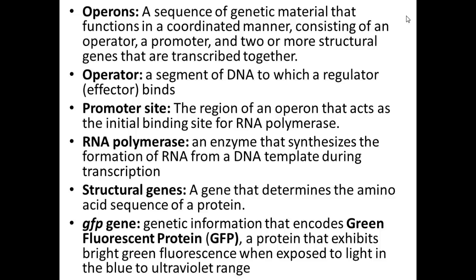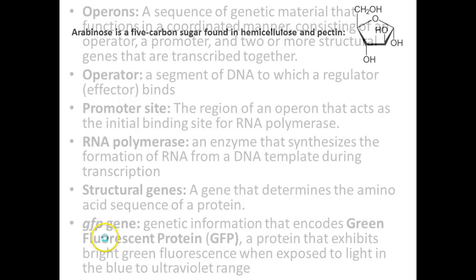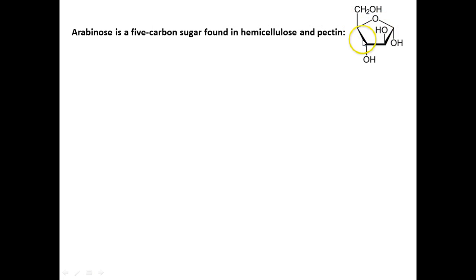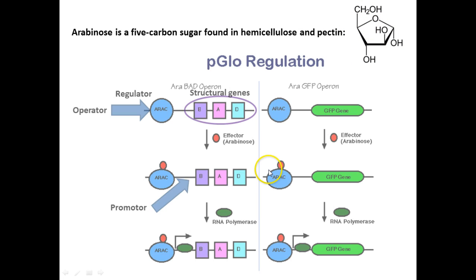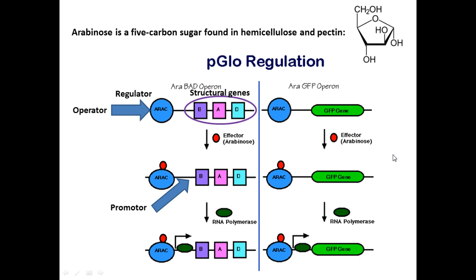And the GFP gene, as I said, codes specifically for the green fluorescent protein. So arabinose is the sugar that we're going to be utilizing today. And normally, here's the operator, this is the segment of the DNA. The regulator is bound to it, which is the AraC, right?